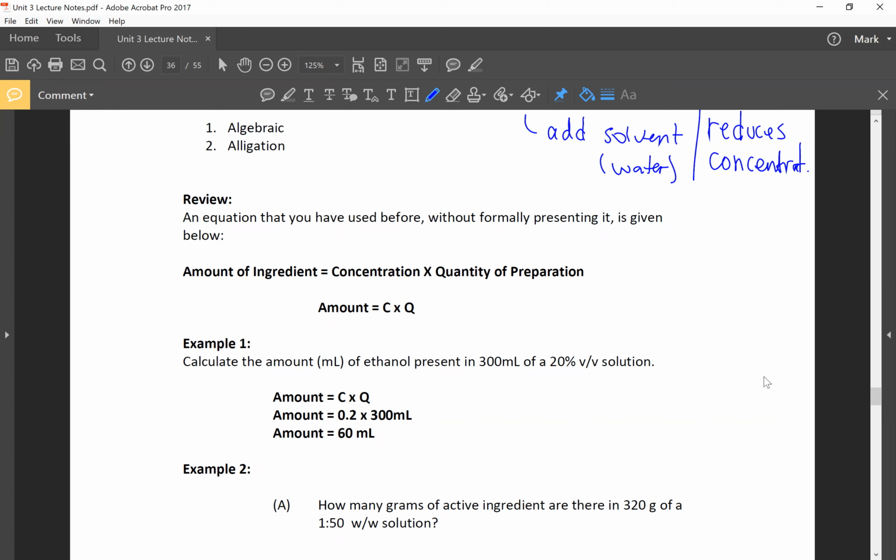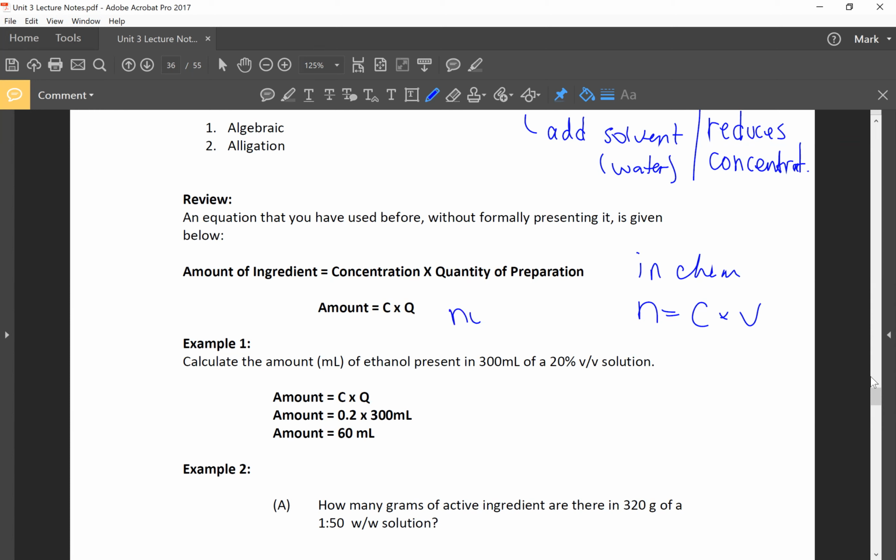In chemistry, you've seen this as moles equals C times V, right? If you guys remember that. But now there's no moles in this course. We're not dealing with n or anything like that. Don't worry.